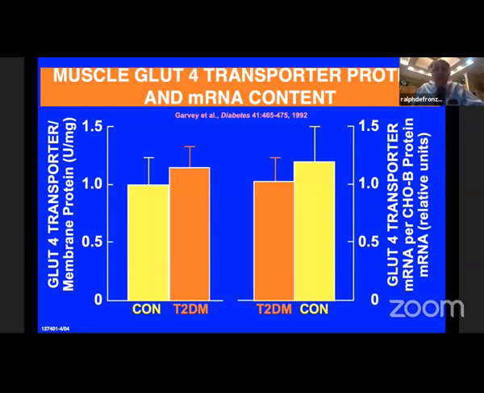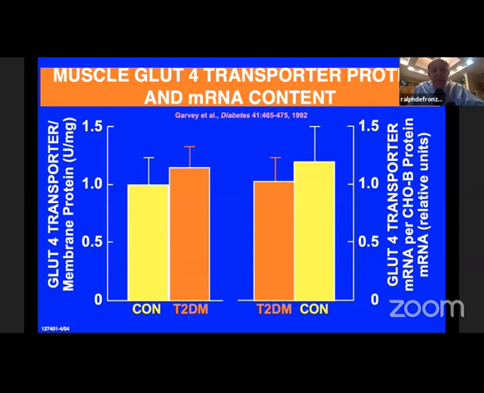What we were interested in was what would happen. Of course, these are in vitro studies. What would happen if you measured glucose transport in vivo? At this time, I had a very bright young fellow with me, Dr. Riccardo Bonadonna, who's now a full professor back in Italy.